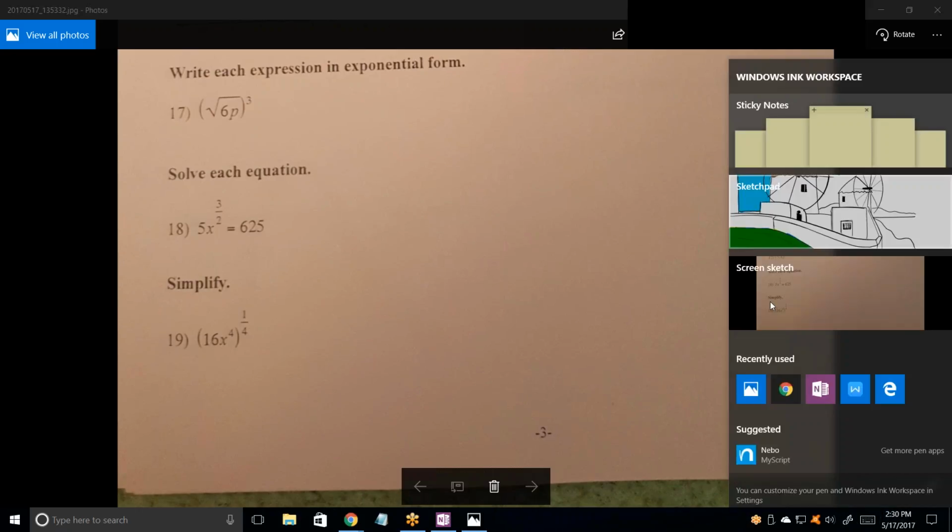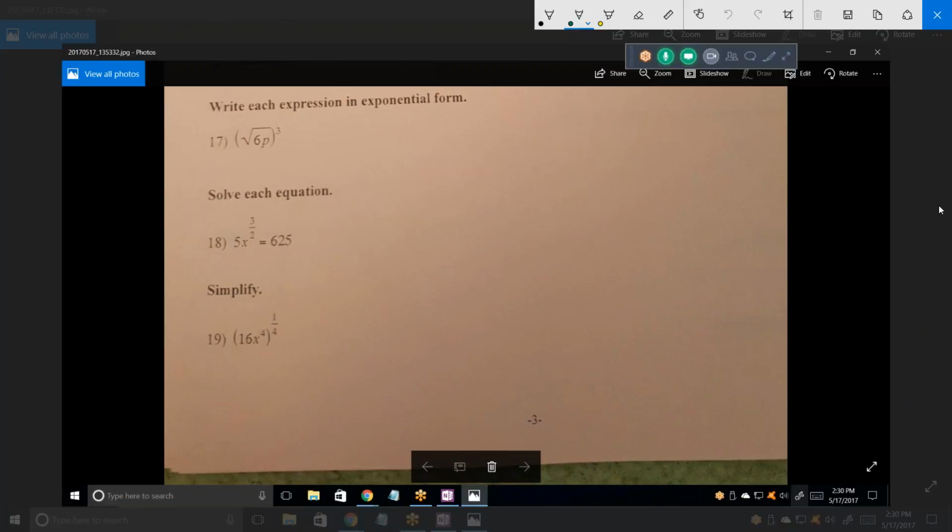Then write each expression in exponential form. How can I write that in exponential form? First of all, radical signs aren't very useful in higher mathematics. They just aren't.